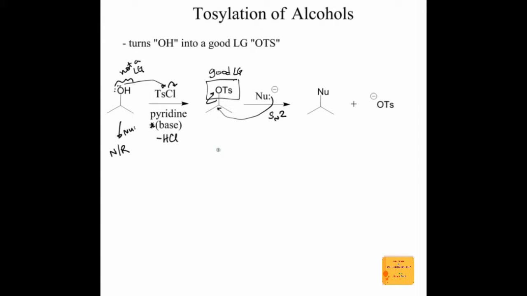Okay, now what does this OTs group look like? What we have here is an oxygen, and then there's a sulfur with 2 double bonds to oxygen, and a benzene ring with a methyl here.